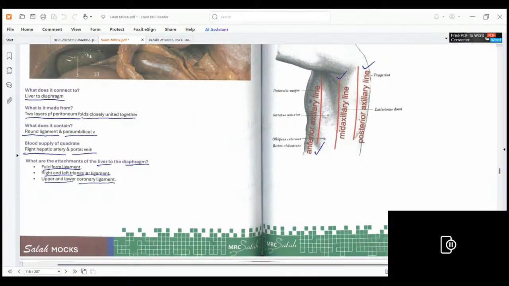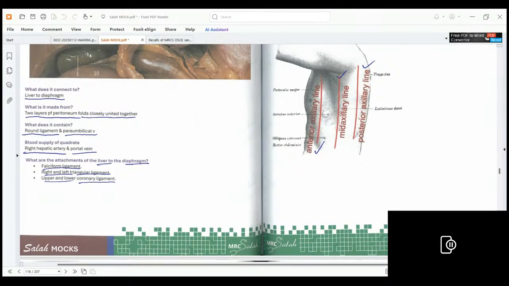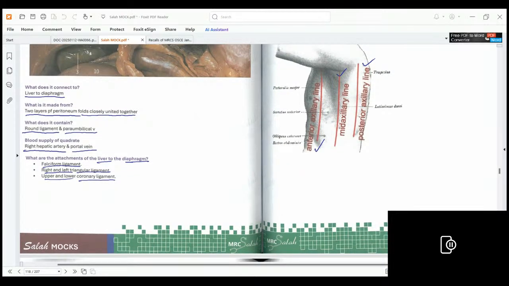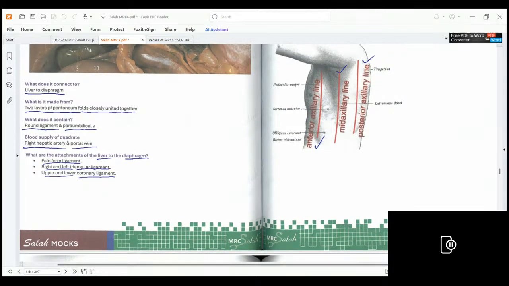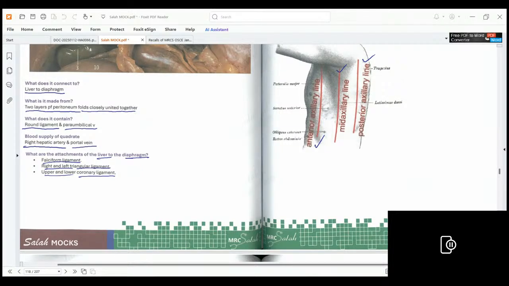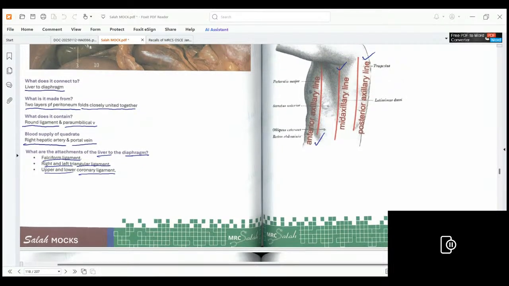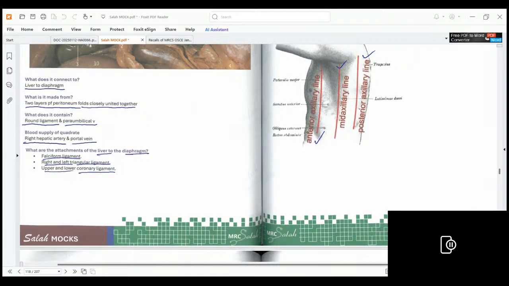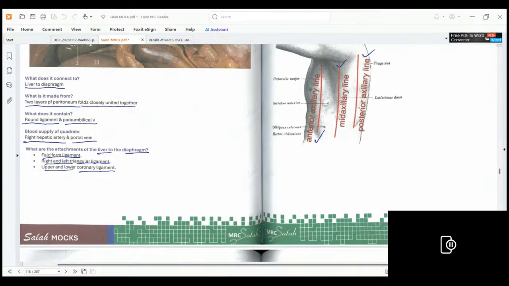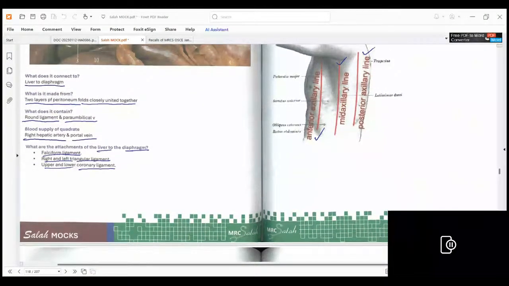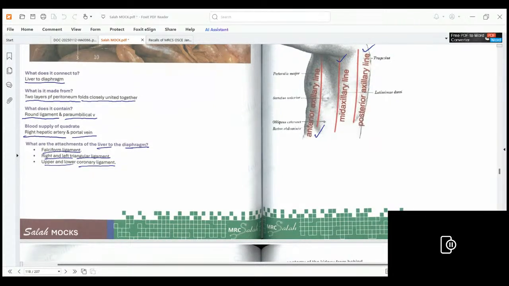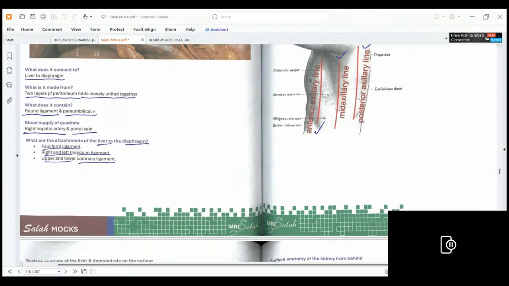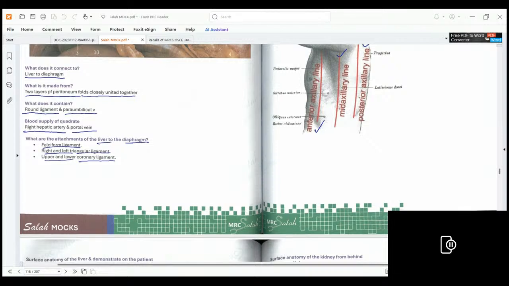We need to know this one: the surface anatomy of anterior, mid, and posterior axillary lines.